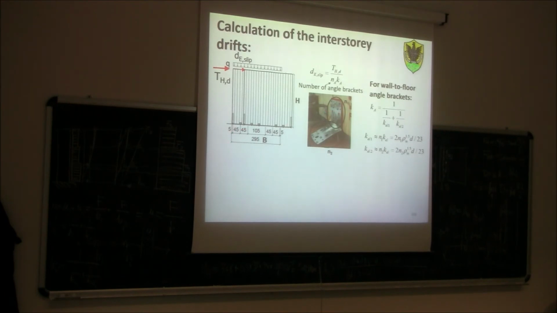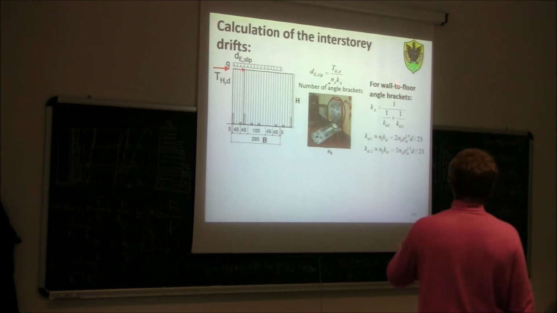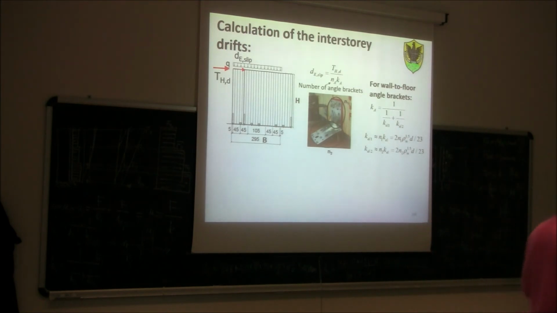This is not very simple. Or you can use this simplified relationship to have at least an idea of the interstory slip that you can predict. And then you can compare it with the limitation given by the regulation, like the direct regulation. Okay?